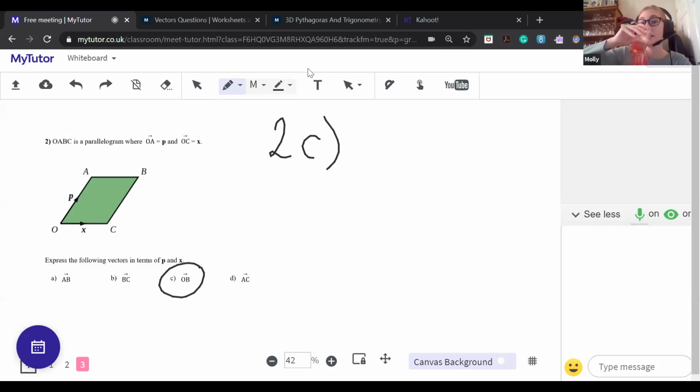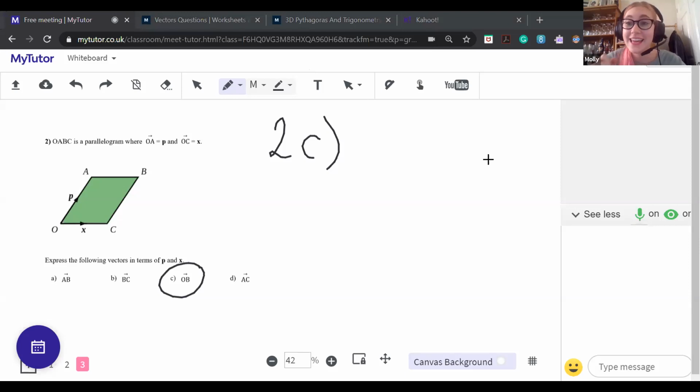Brilliant. Somebody's already got it. Brilliant. Okay, I'll go through it now. A lot of people got it. The key thing here is that if vectors are parallel and exactly the same length, then they're the same vector. It doesn't actually matter where you draw them.